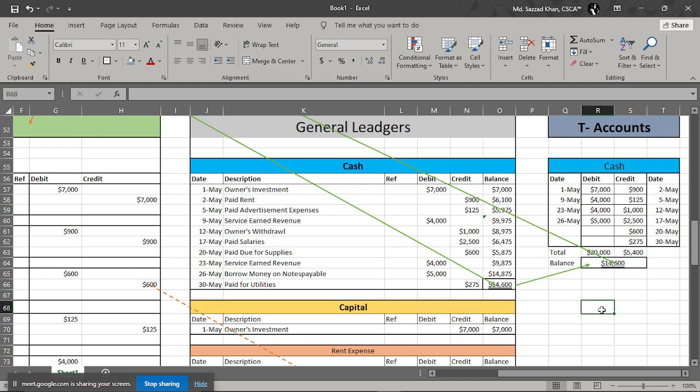Simply write the name, Matrix Consulting, then the title, trial balance for the end of May 31, right?